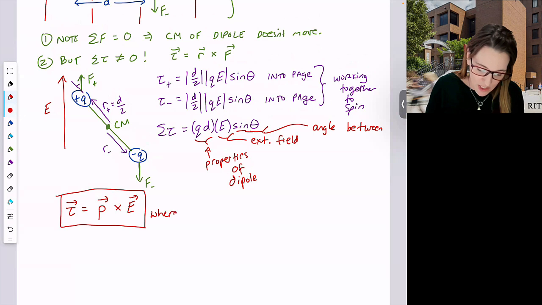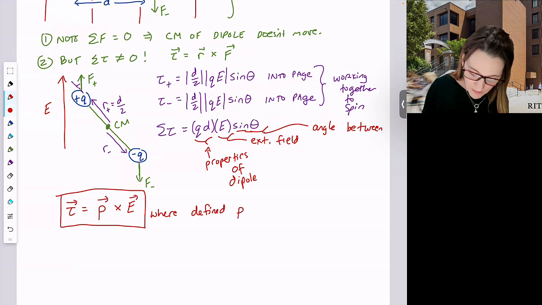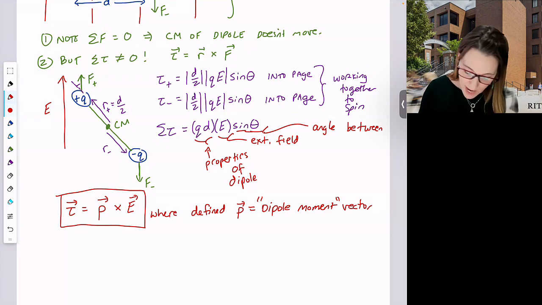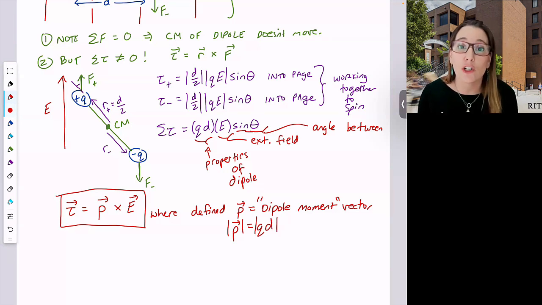And what we've done here is we've defined this variable P, and that's going to be equal to our dipole moment vector. That has a magnitude of P equal to Q times D, how much charge is on each one, times the separation between them.